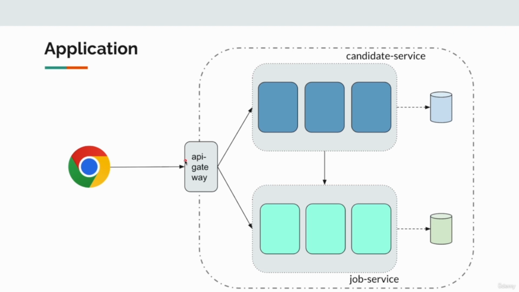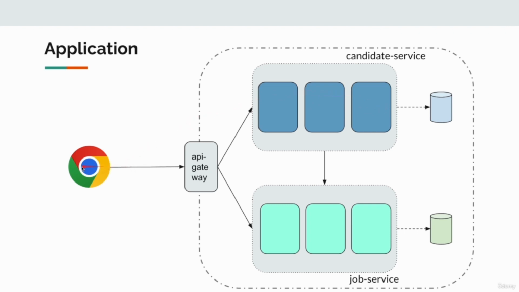Now, you might be wondering, if this is the only application which is going to receive all the requests, how will it know when to send a request to candidate service and when to send the request to job service? For that, we are going to do path based routing. I'll come to that. And sometimes you might be running multiple instances of job service, multiple instances of candidate service as well.